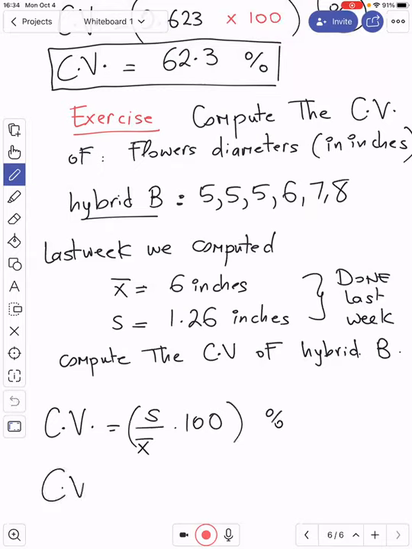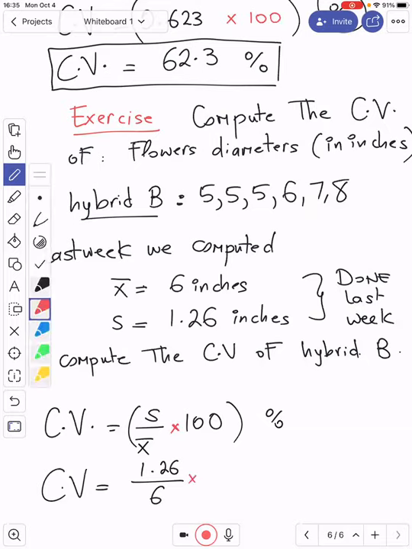So S, we said, is 1.26 over X bar, which is 6, times, again, this is multiplication by 100 right here, percent.